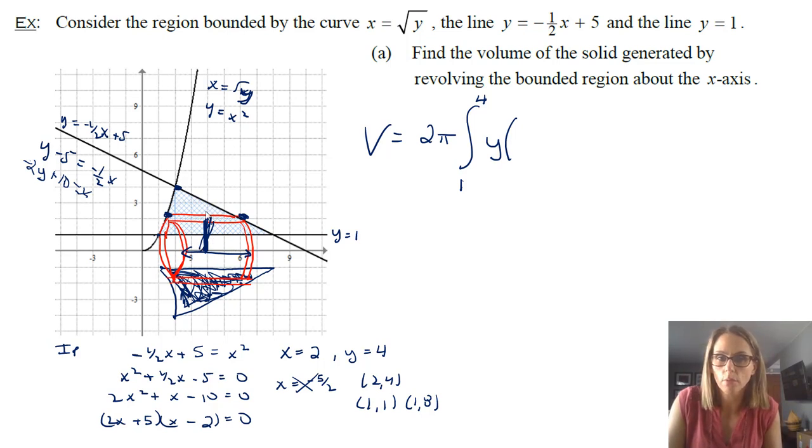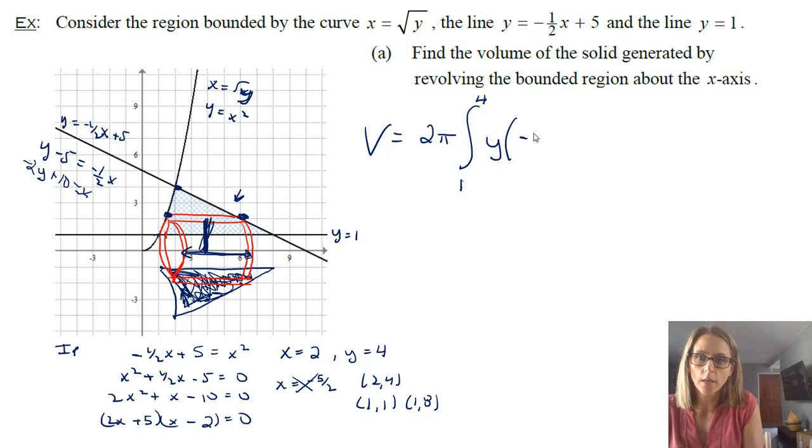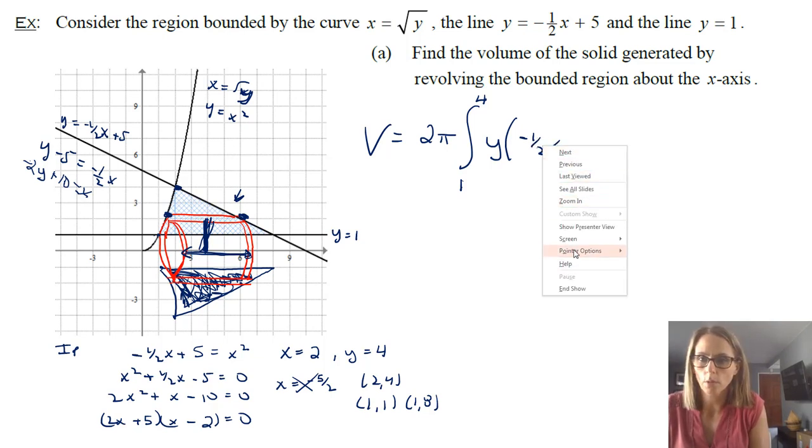All right, so all we need now is to think about this distance here. No matter where we are, whatever shell we have, this function is on the right. So we'll have negative 1/2, nope, I want to have it in terms of y.